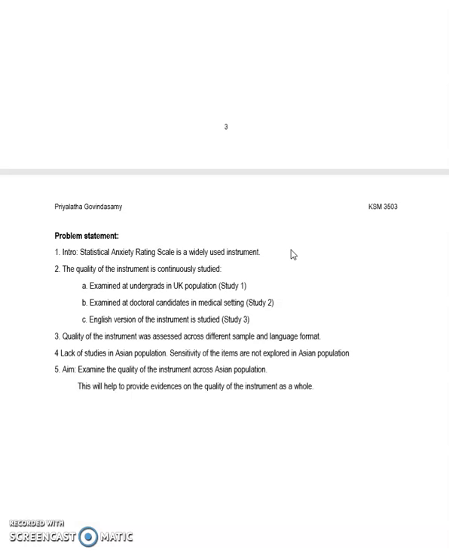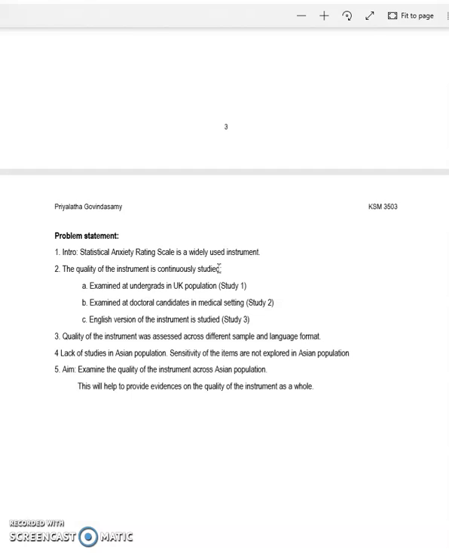So what exactly is the problem that I would like to look into? The problem that I would like to look into is the quality of the instrument. And in this case, the quality of the instrument is continuously studied. When you say that, you need to have supporting evidences.